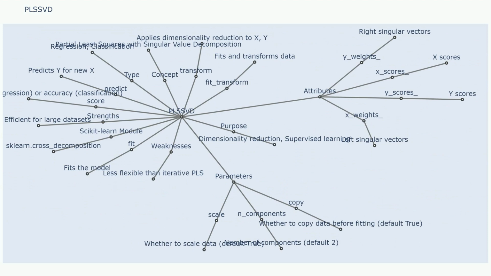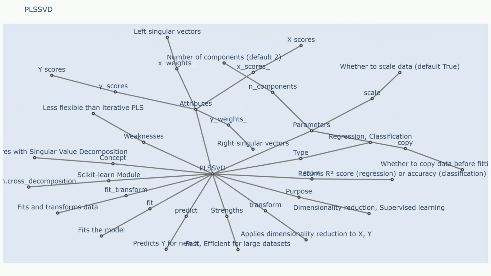Key features of sklearn's PLSSVD implementation. 1. Flexible number of components. You can control the number of latent components to be extracted, allowing you to adjust the complexity of your model. 2. Scaling options.